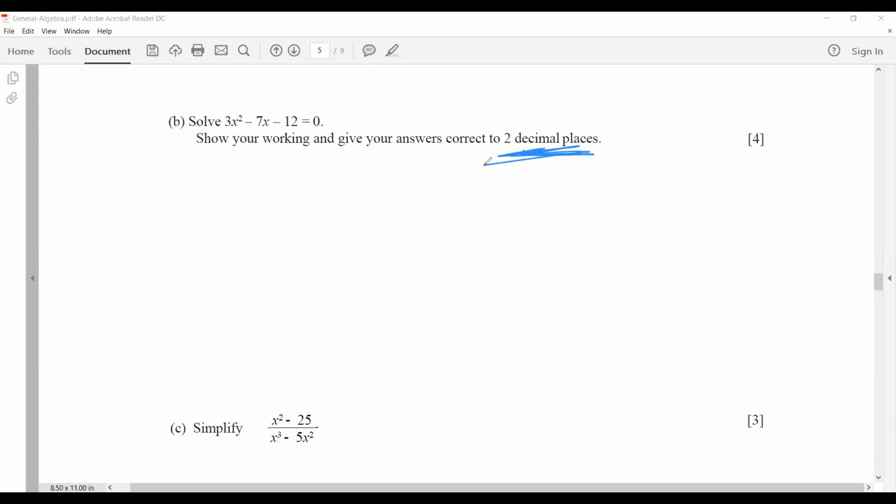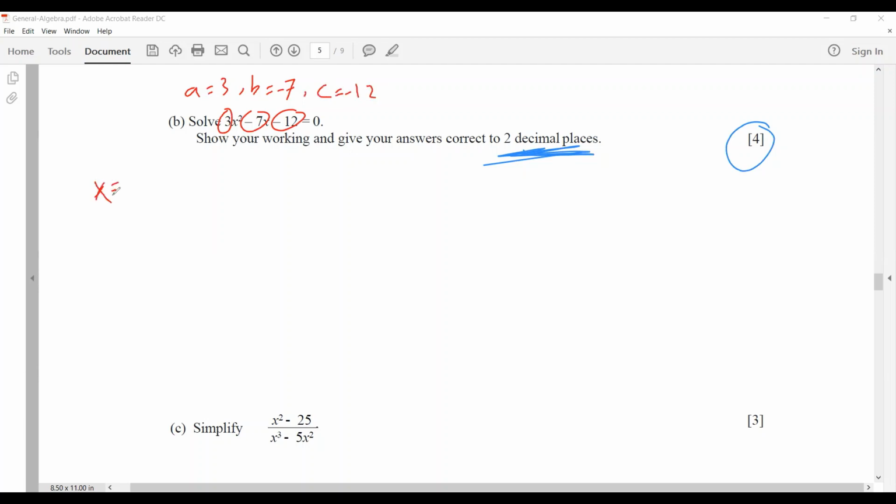And these questions, they usually carry 4 to 5 marks, as you can see. And applying the formula, the step is quite clear. You just have to make sure that you determine the a, b, and c in the right way. So a is 3. That's the first step you guys have to do. b is -7 and c is -12.